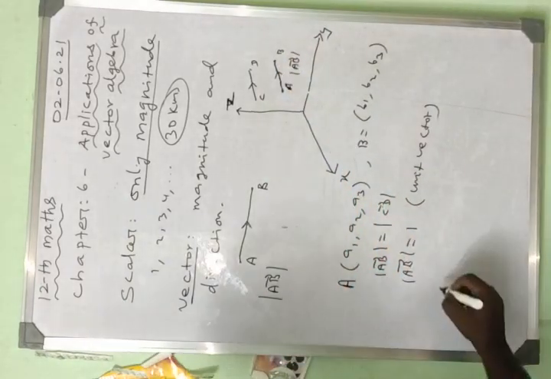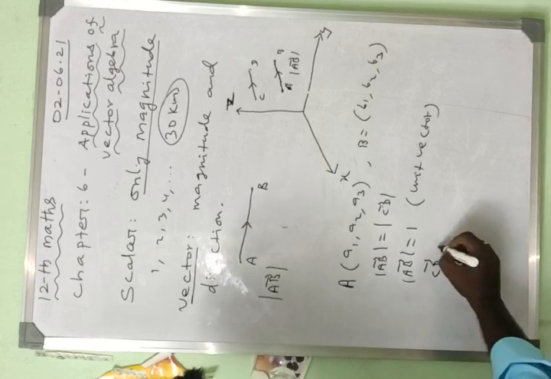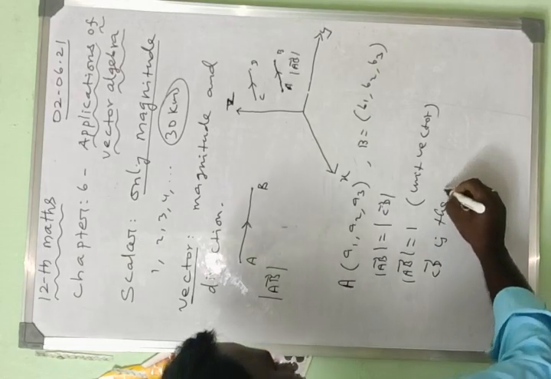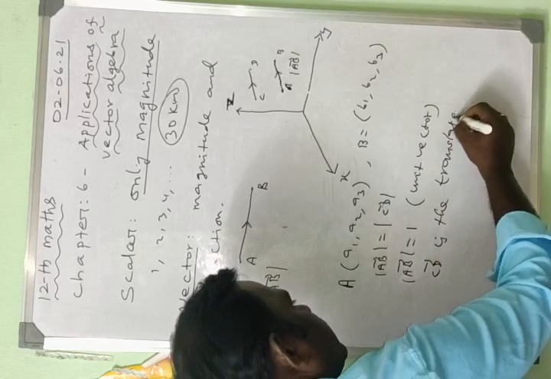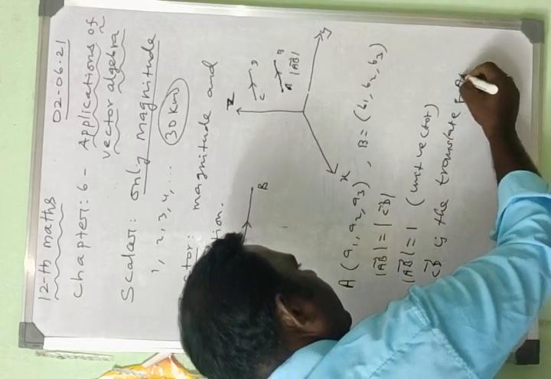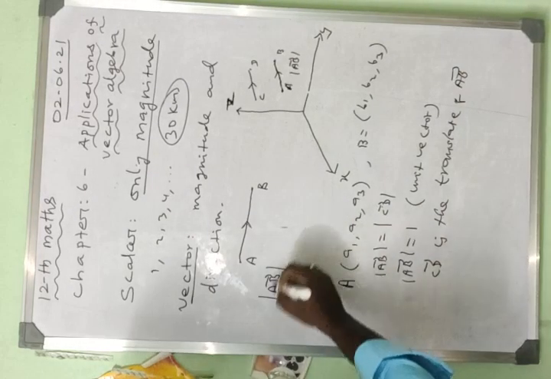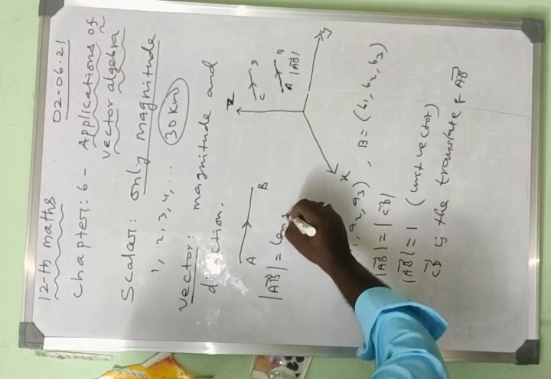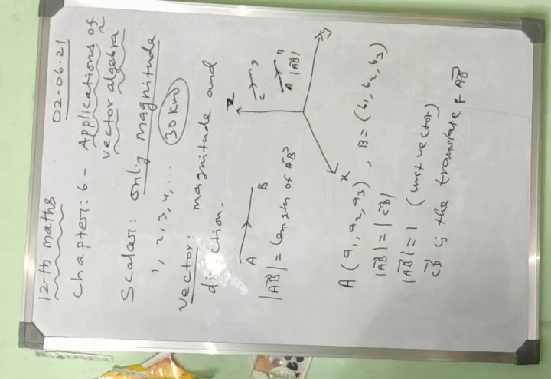Vector CD is the translate of vector AB like this type. Mod of vector AB means this is length of the AB. Mod of vector AB equal to length of vector AB like this one.